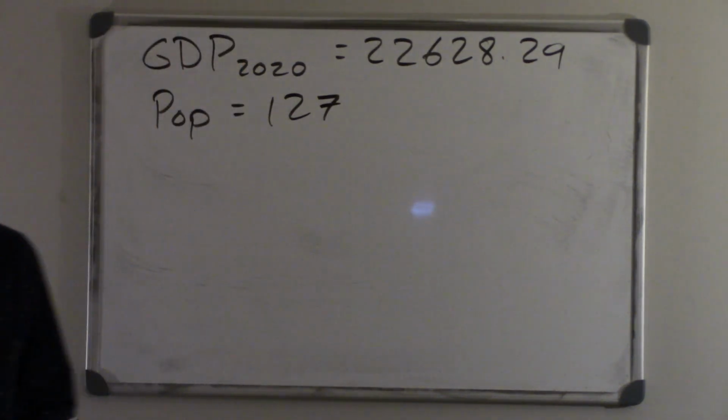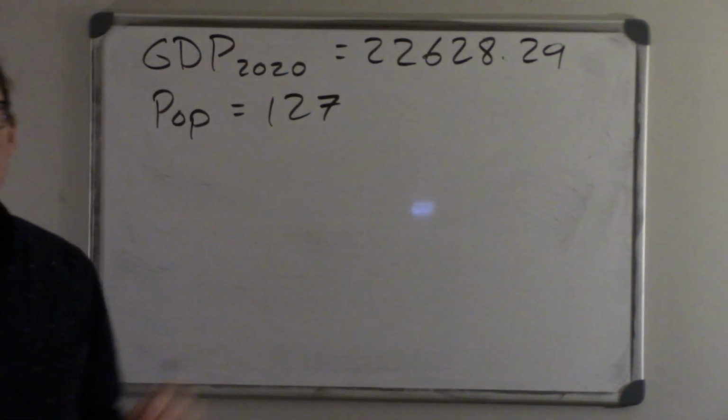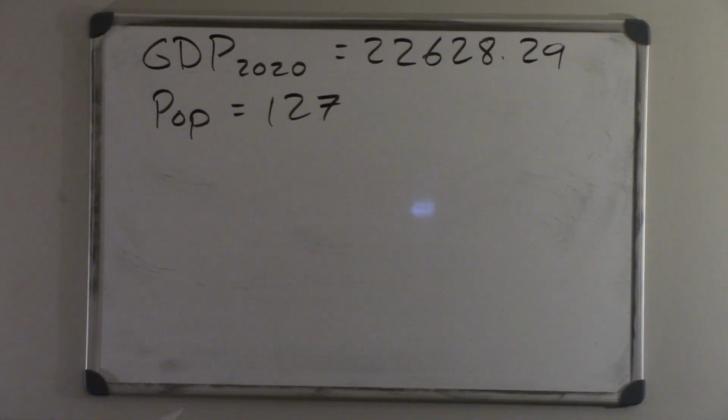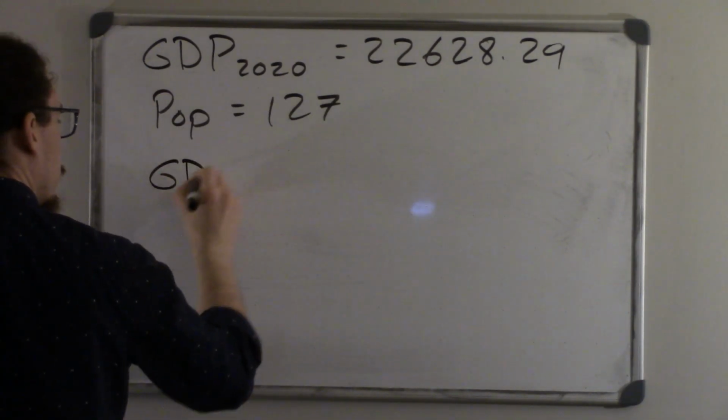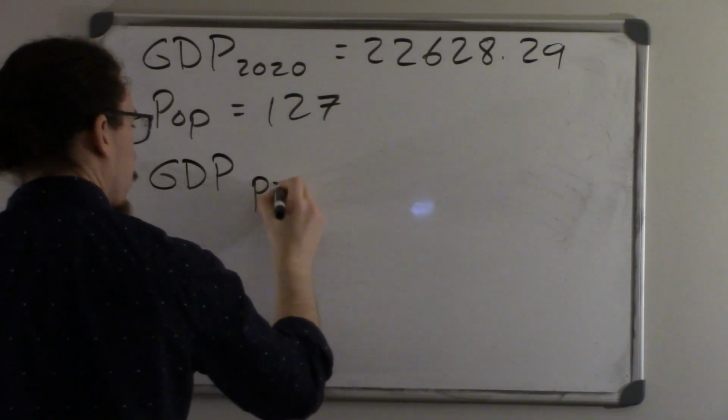Not a big country, also not a very wealthy country. That's an extremely low GDP, but this is a made-up example, and we don't really want to talk about stuff in the millions.